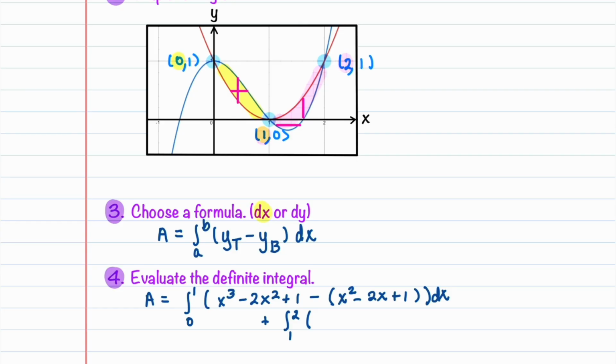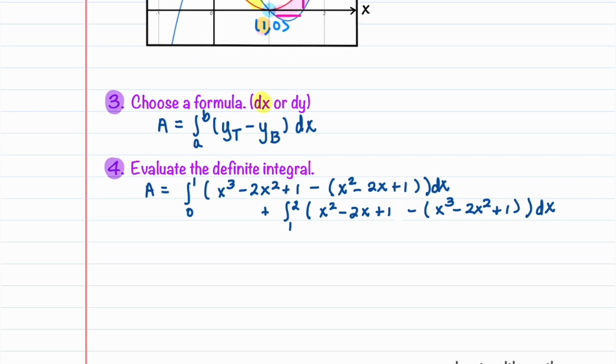The curve on the top is the quadratic, so this is x squared minus 2x plus 1, minus our curve on the bottom, which is x cubed minus 2x squared plus 1, times dx.